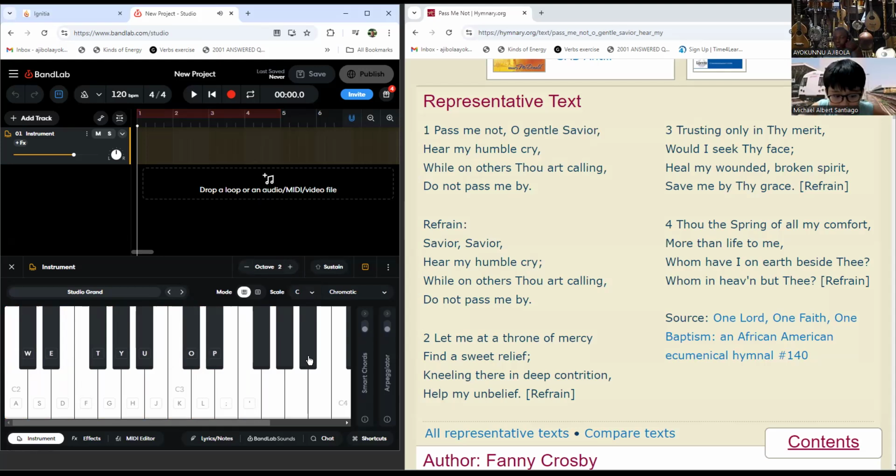Hold on. And finally get it right here. I want the notes to be showing on the screen as I'm playing it. Can you see the notes now? Yes, I can.